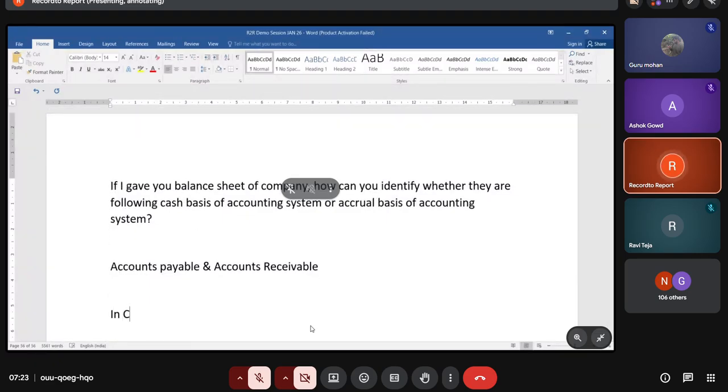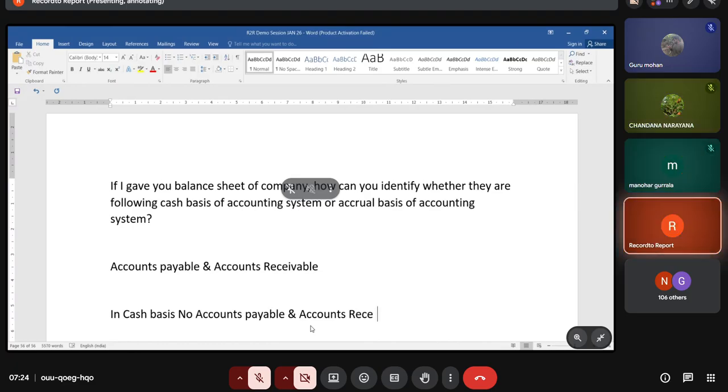In cash basis, there is no accounts payable and accounts receivable. Understand? It's clear?